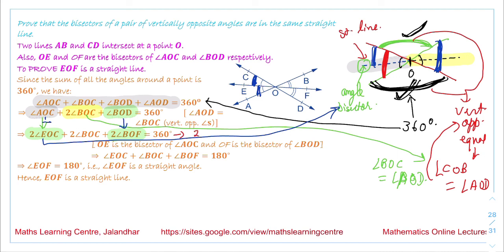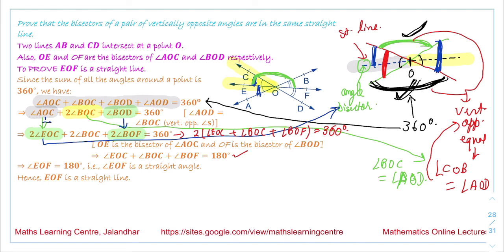We are left with 2 times angle EOC plus angle BOC plus angle BOF, which is equal to 360 degrees. When you divide this equation by 2, you get 180 degrees. So EOC is this angle, BOC is this angle, and the next angle is BOF.